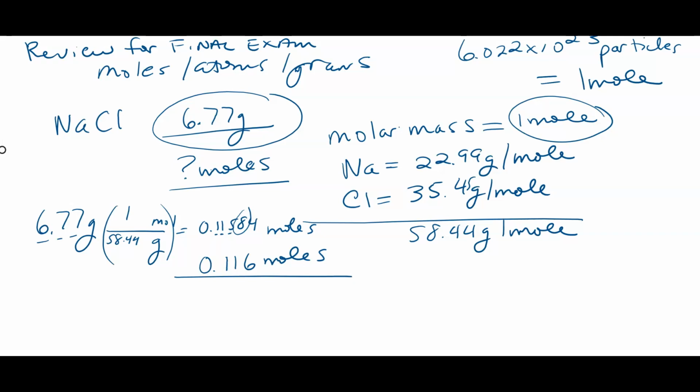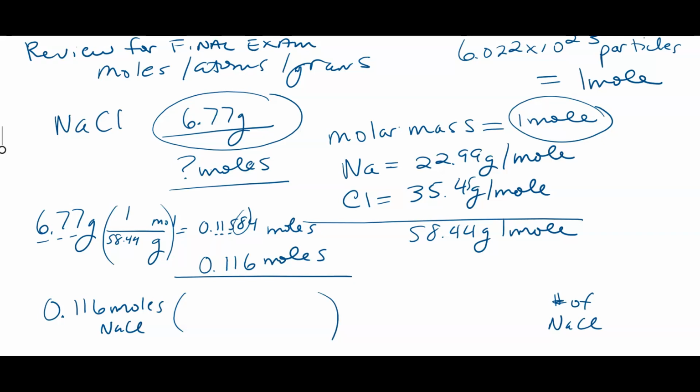What if they said after that they wanted you to figure out the number of particles? Say they gave me moles in the problem, but I want to get to particles. I'm going to use Avogadro's number in that case. Say I was given moles of sodium chloride, and they want to know the number of particles of NaCl.